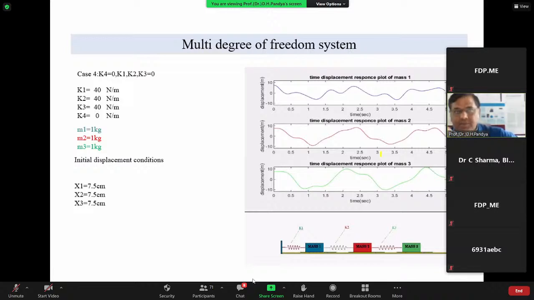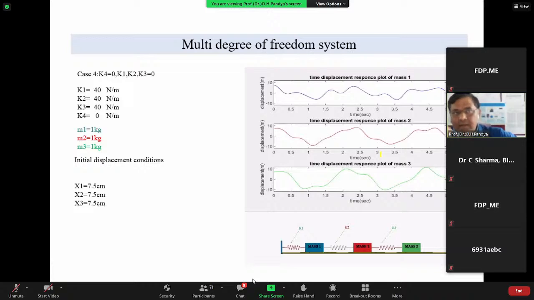Those who want to make their career in production also need dynamics. But of course, in our regular graduation studies, we have only one subject of vibration, which only gives you an idea about the dynamic study.